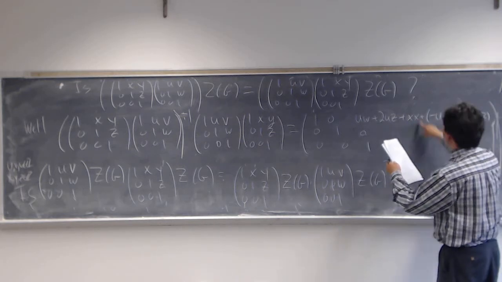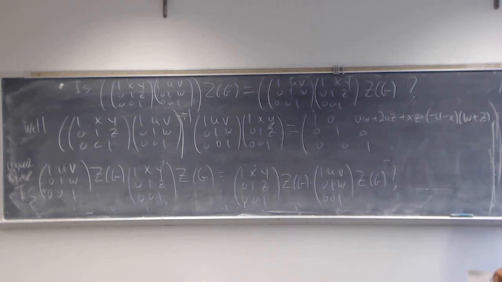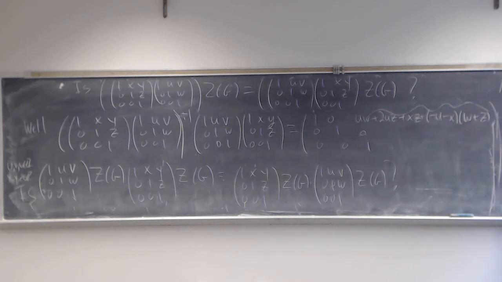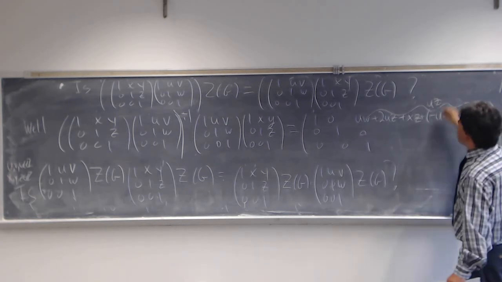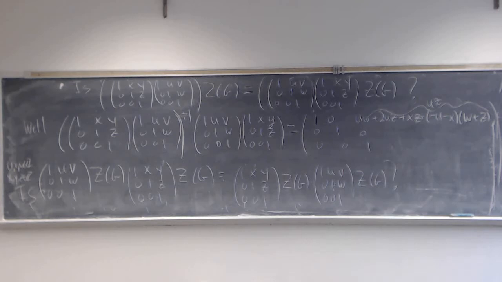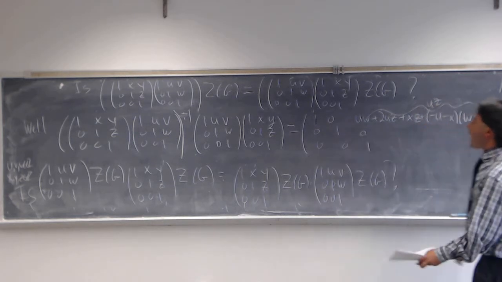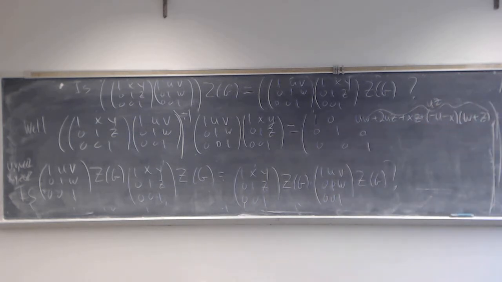And this is going to be XZ. And then this cancels with this. So it actually may simplify out as just a positive 2UZ and a negative UZ, so it may end up being just UZ when all the dust settles. The point is, it doesn't matter what's up here. This could be any integer. The key is that these two are the entries you really want to look at. They have to be equal to 0. And a calculation will show that.